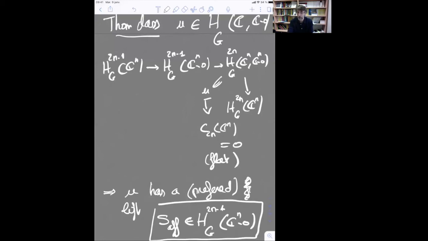So you have a degree 2n-1 class of the universal bundle Cn minus 0, and this is precisely what lifts the fundamental class of Cn. Here, I should say that there are maps where you forget about the G.